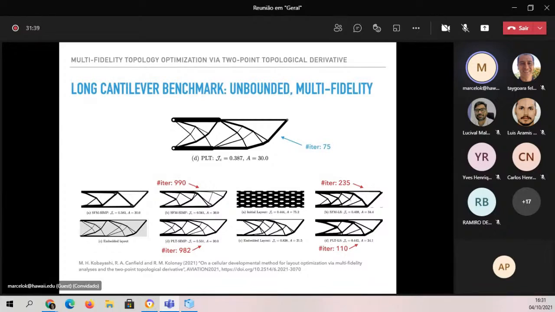Okay, so what's the idea? We use the lower fidelity model, the beam model, to run the optimization, to do the same cellular division and then shape optimization that I explained before. And then after that, we perform the shape optimization on the two-dimensional plane strain model, to capture just changes in the joints.